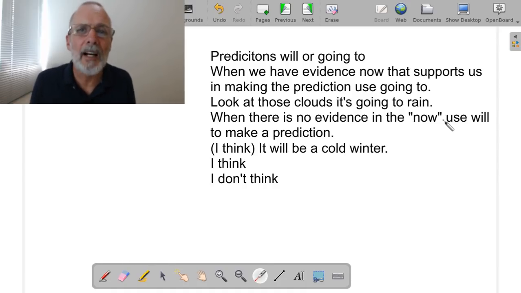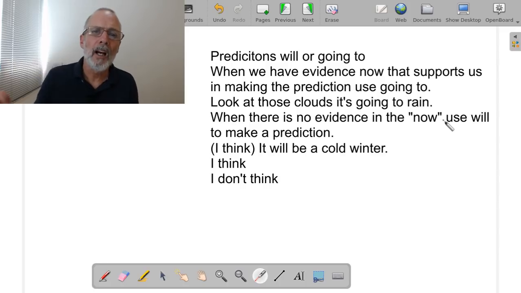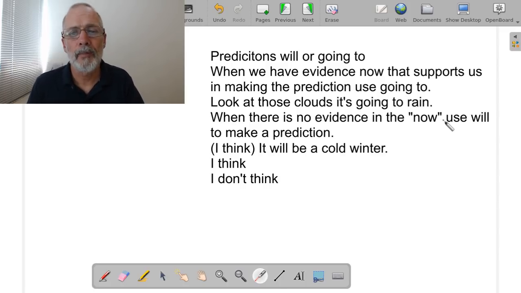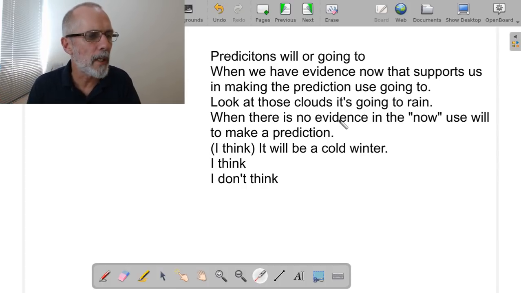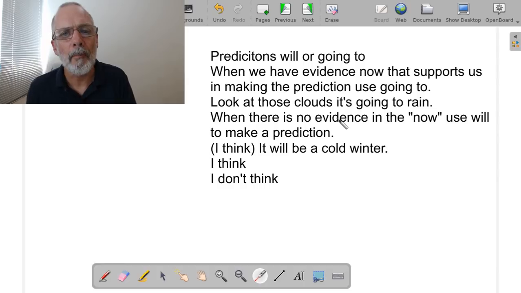If I have evidence now, like if I have a document, an economic study in front of me, I need to say prices are going to rise. Another thing I said there, and I mentioned earlier, is that it's very common to use I think or I don't think when you make these predictions, just to emphasize that it's your opinion. So two ways of talking about predictions. I think probably going to is easier to use.